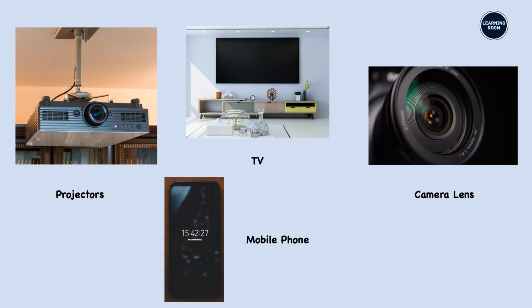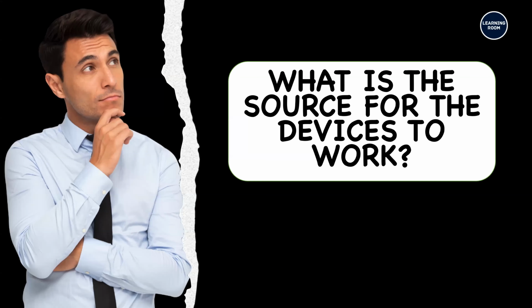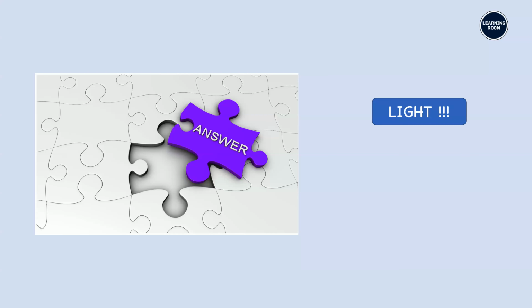The question is, how are all these devices functioning? What is the source for all these devices to even function in the first place? The answer is obviously light. But here comes an important question. There are different kinds of light: infrared, ultraviolet, all of those are also light.